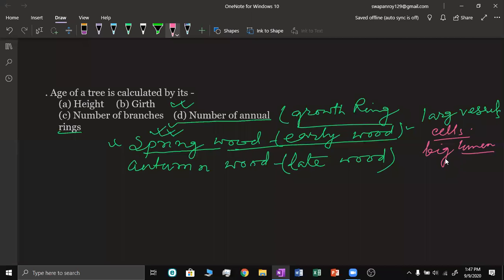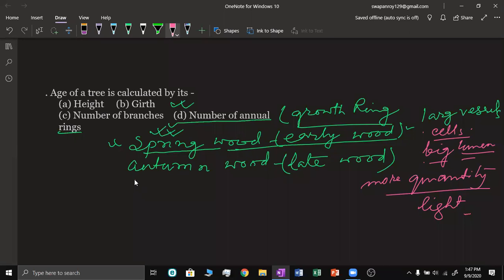Lumen means cell cavity, and the quantity also is more. And slightly they are light in color.